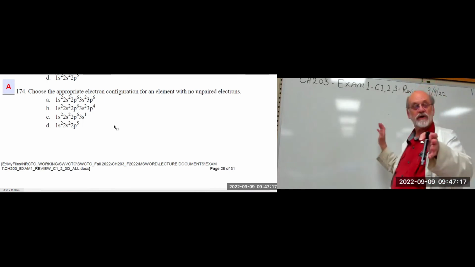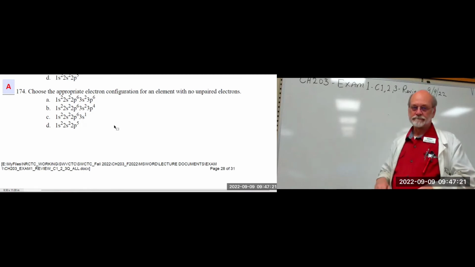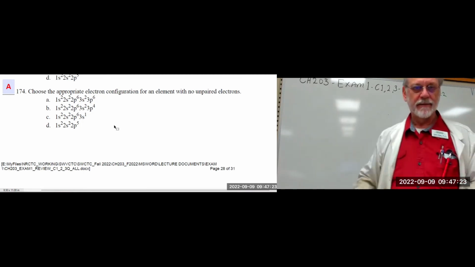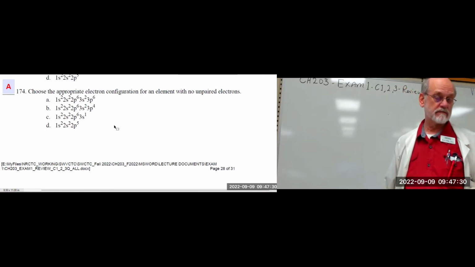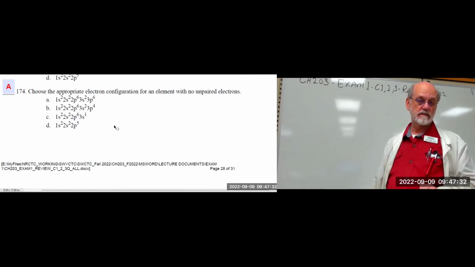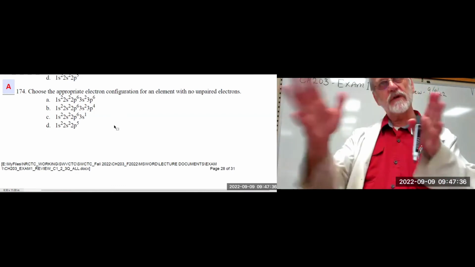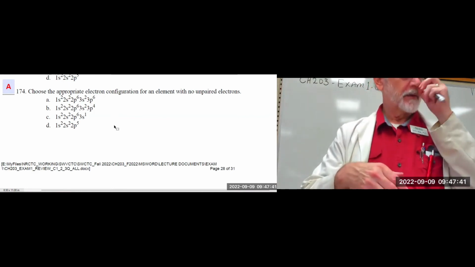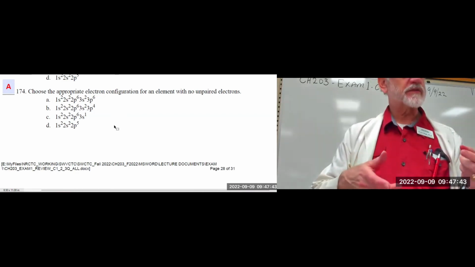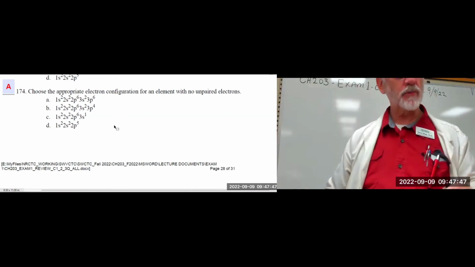If not, I just keep going until I get unpaired again. Actually, if you don't have any S's at the very end of the configuration that have 2 electrons in them, then you go to the P's and see if they're filled. And the only one that's got filled orbitals is A.